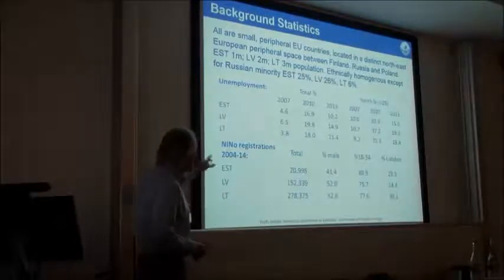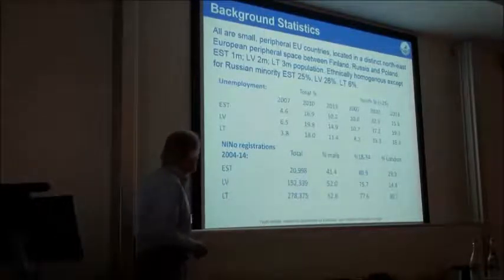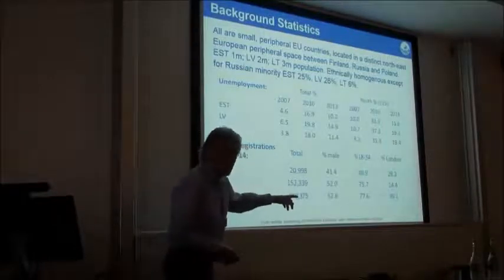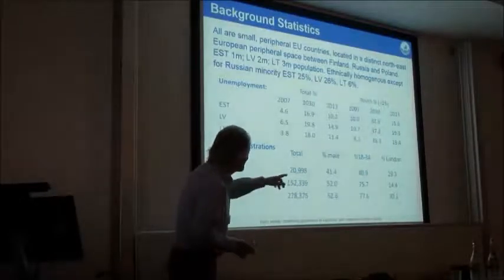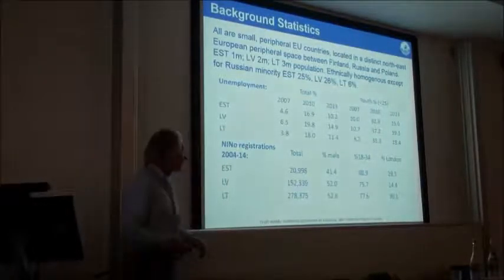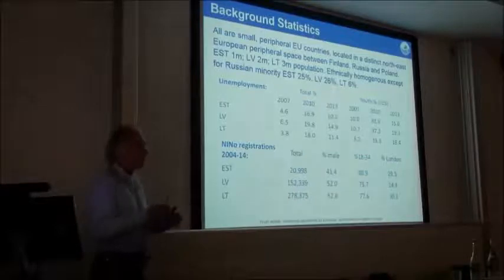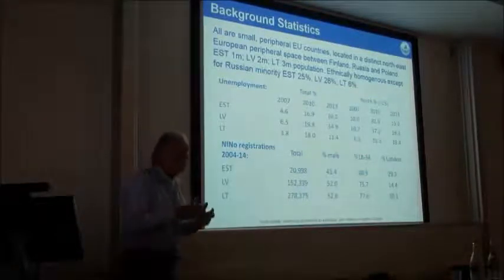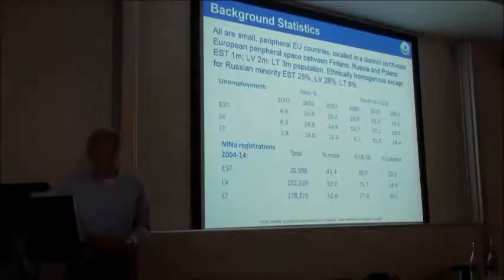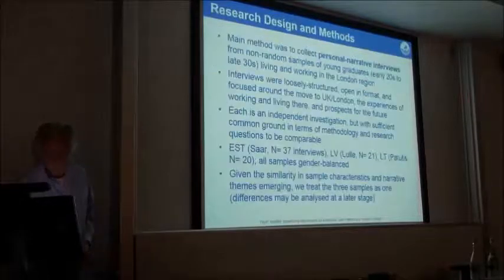And then I just picked out the national insurance registrations, the NINO registrations for the three countries. My data are not quite so up to date as yours are. I'm a year behind you, but you can see that for Latvia it was 150,000 at that stage. And what Olga said about the fact that the NINO registrations are a very imperfect measure of the chronology of migration has to be repeated here as well.